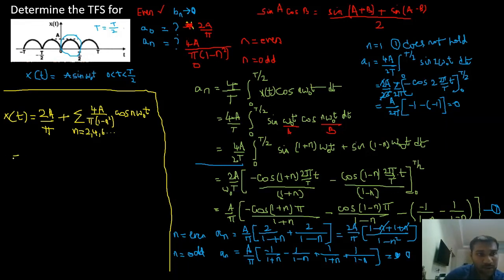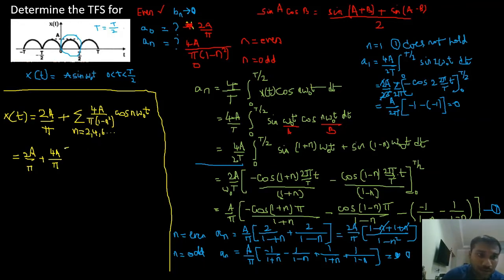So I can expand this: 2a by pi plus, when n is equal to 2, what happens? I'll get 4a by pi into, n is equal to 2, 1 minus 2 square, it is minus 3, right?